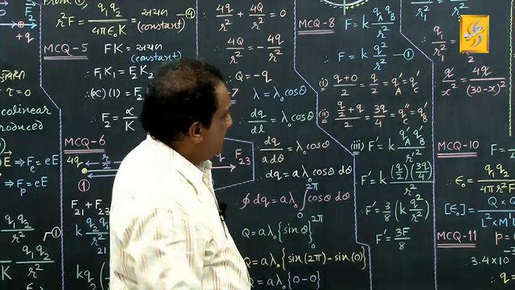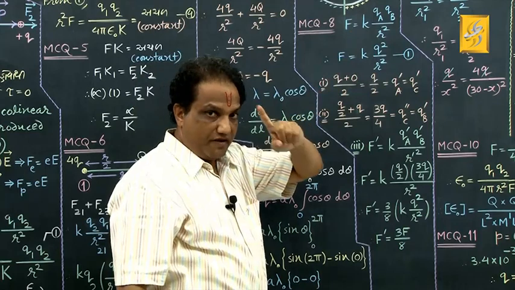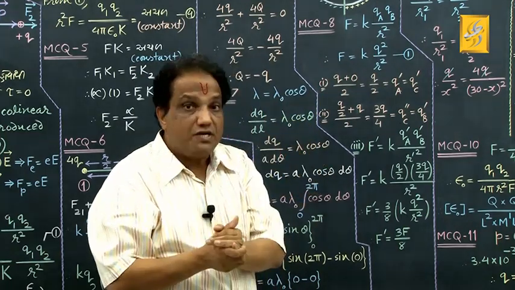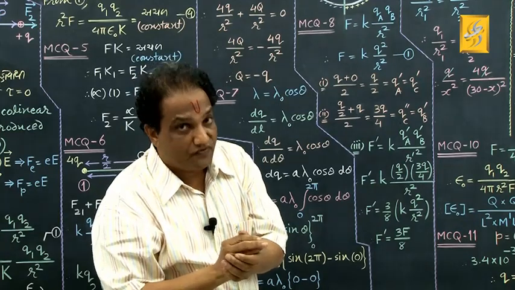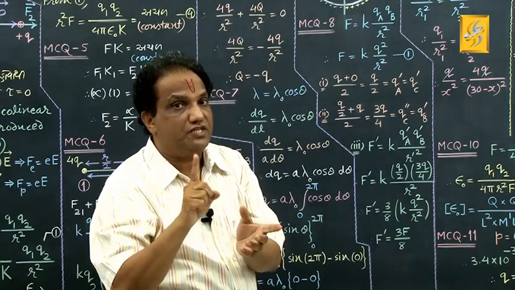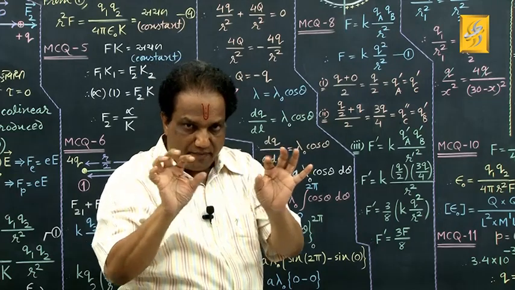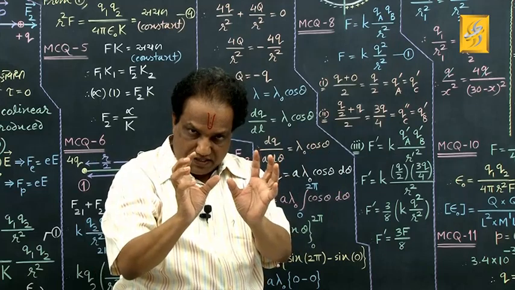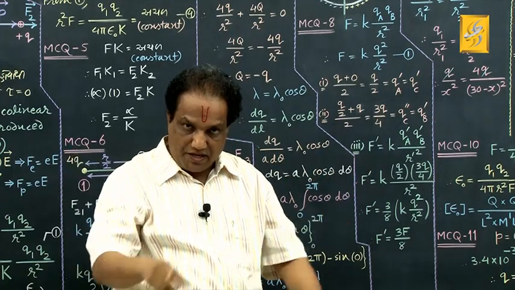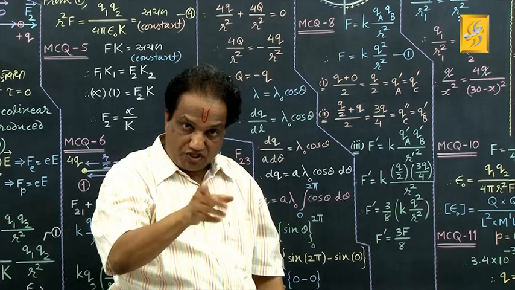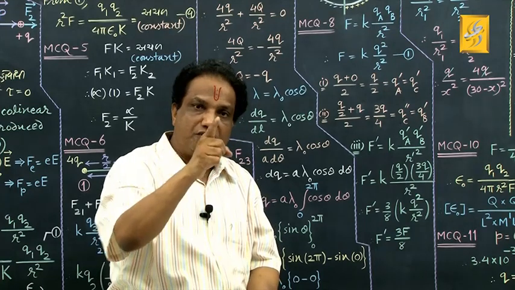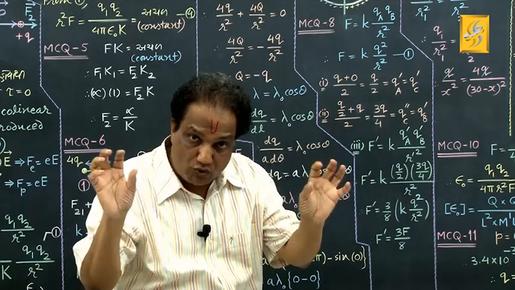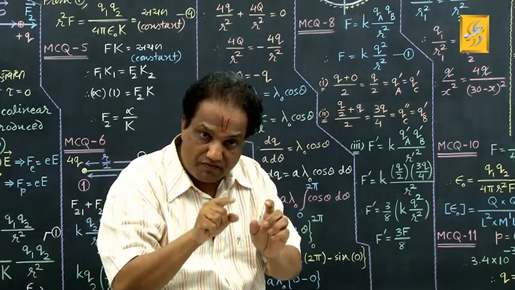Now what is done? The sphere A having charge small q is now brought in contact with another identical sphere C which is initially chargeless, and then they are separated. If you bring identical spheres in contact and then separate them, remember, the equal charge present on both the spheres now is summation divided by 2, because you are bringing two spheres in contact.